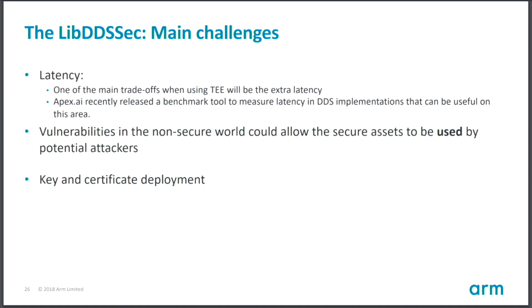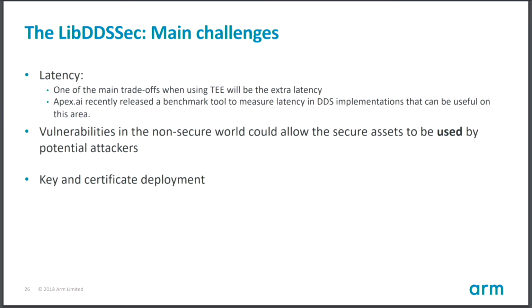Of course, that could perhaps be improved if there are accelerators attached to the secure side. There is a company which recently released a benchmark tool, and we are planning to use that tool for some of these investigations, actually.